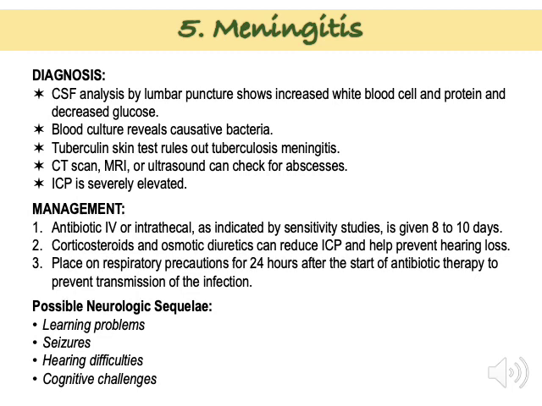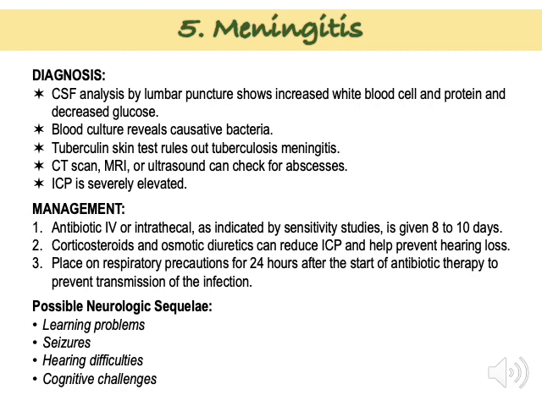These antibiotics may also be prescribed prophylactically to family members or others who have been in close contact with the child. Second is giving corticosteroids or osmotic diuretics to reduce ICP, and this can also help prevent hearing loss.